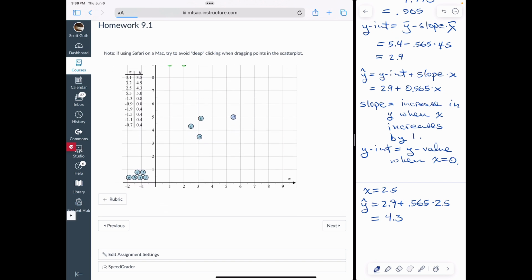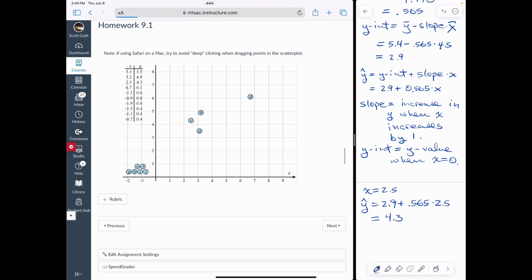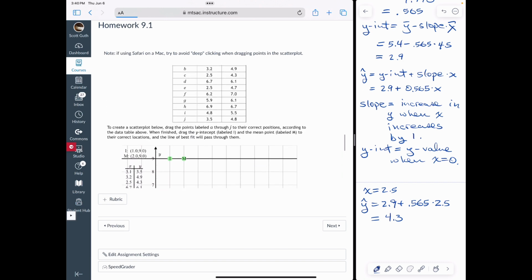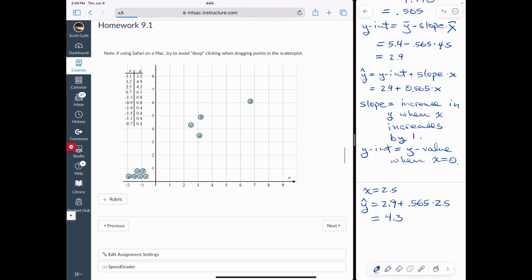This is way over here. Again, fine-tuning it to 6.7, 6.1, right there. Double check that's correct. 6.7, 6.1, yes. Next one should be E, which is 2.5, 4.7.